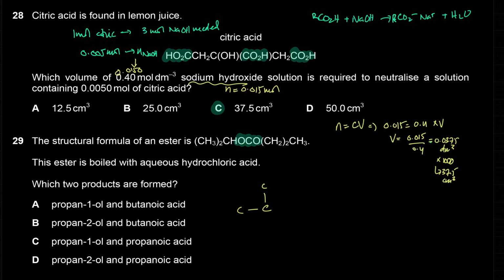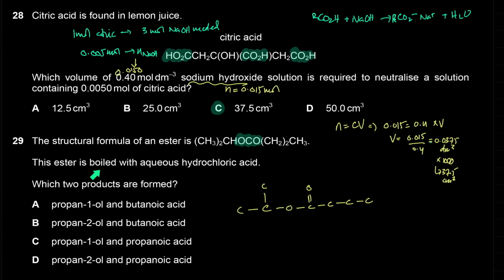So you have an O, a C double bond O, and then CH2, CH2, CH3. So this is our ester.